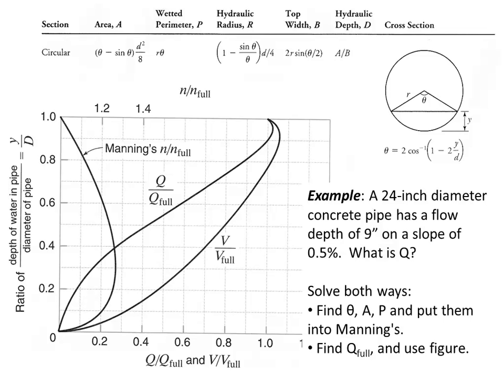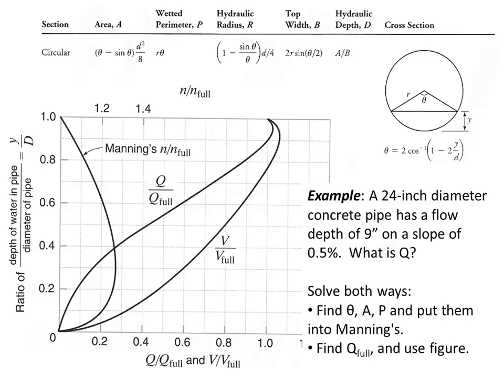So we'd go here and we'd find here's 0.3, here's 0.35, there's 0.375, go over, and on this figure here, now go down, and it would tell us the ratio of the flow rate when it's partially full, Q, to the flow rate when it's completely full.